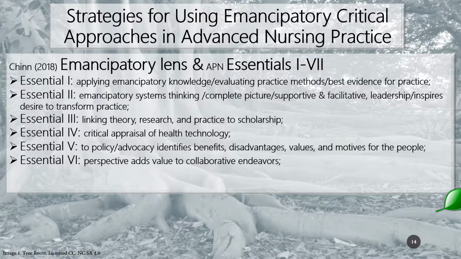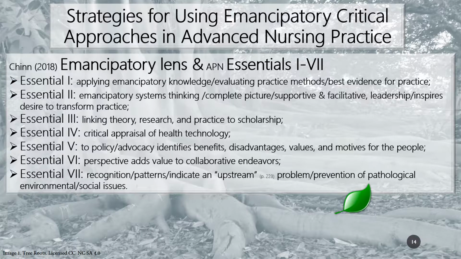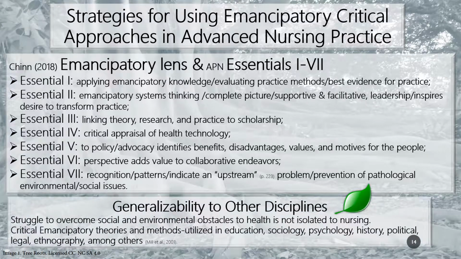The emancipatory approach to practice proposes advocacy to identify the benefits, advantages, disadvantages, values, and motives for people. This approach positively influences collaborative endeavors, and because emancipatory approach is an upstream method, it helps the practitioner identify problems to prevent issues. Nursing is not alone in their endeavor to overcome social environmental obstacles. And critical emancipatory approaches can be used by many disciplines, which makes it very generalizable.